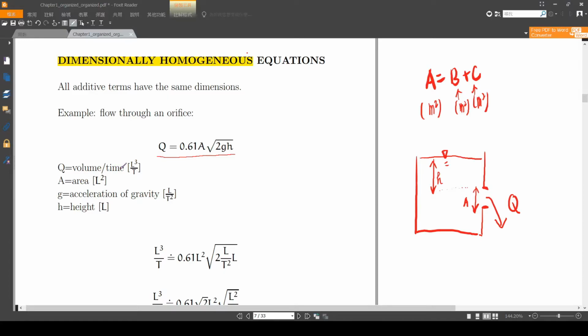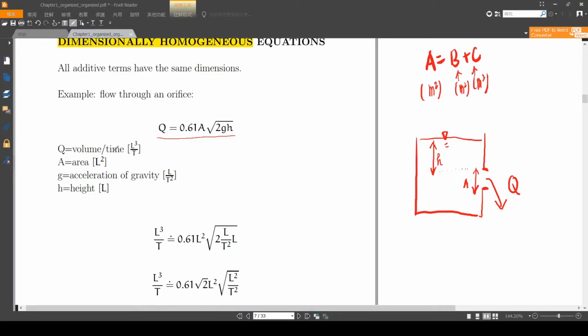Okay, so let's analyze the dimensions. We know that the dimension of the Q is equal to the volume per time. So it's equal to the length cubed divided by time, right?